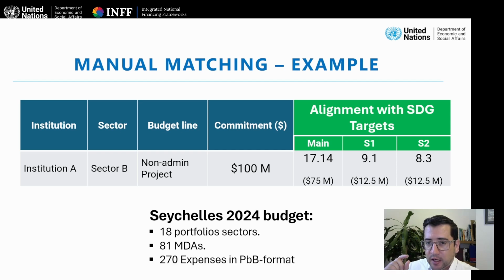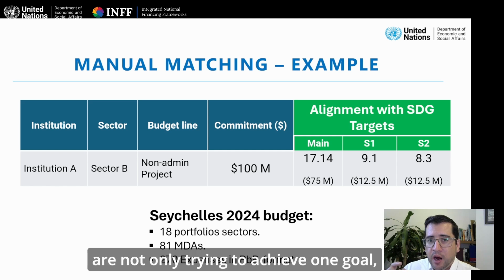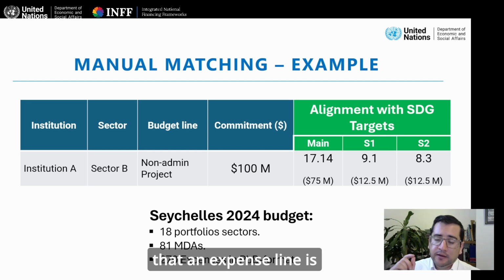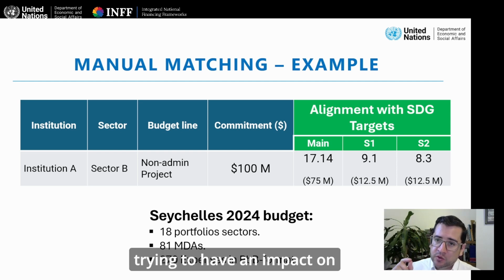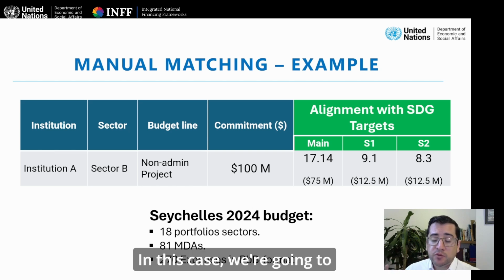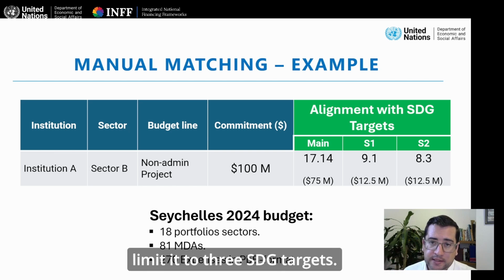Usually, projects within a government are not only trying to achieve one goal, but an expense line is trying to have an impact on multiple development themes. In this case, we're going to limit it to three SDG targets.